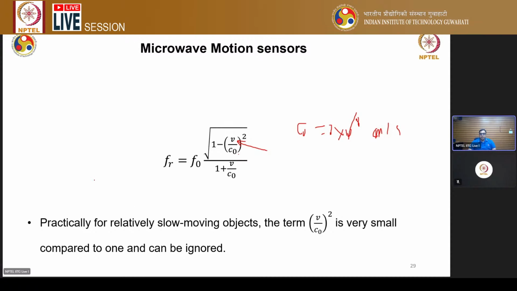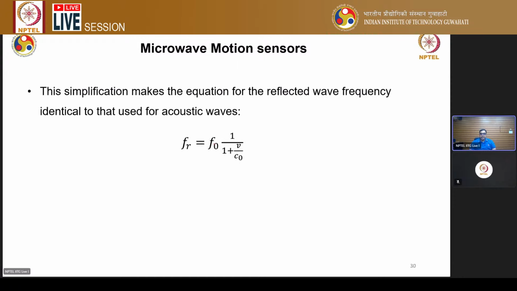So practically, for any object, the terms v by c0 and v by c0 square are very, very small as compared to the value 1. So this can easily be ignored, and this simplification makes the equation for the reflected wave frequency identical to that we have used for acoustic waves, which is Fr equal to f0 into 1 by (1 plus v by c0).